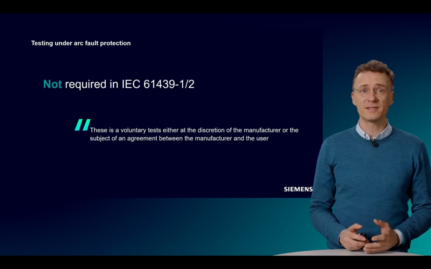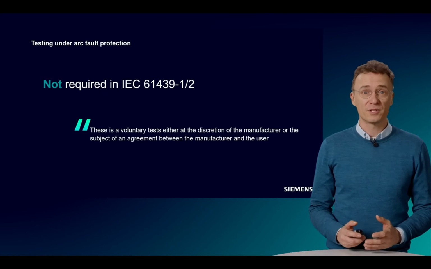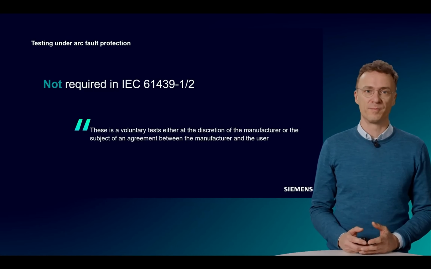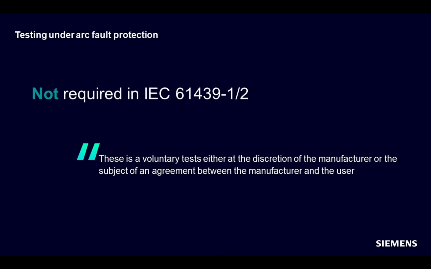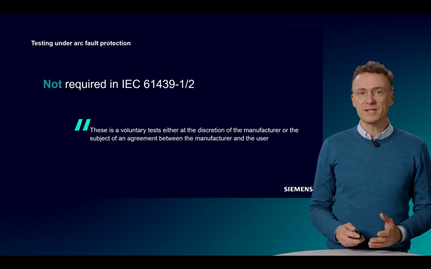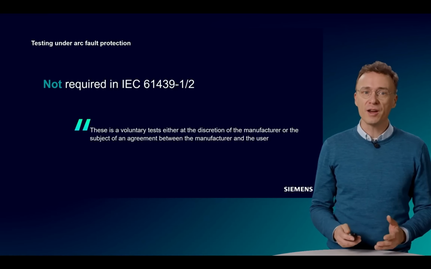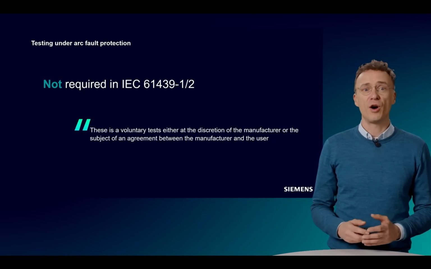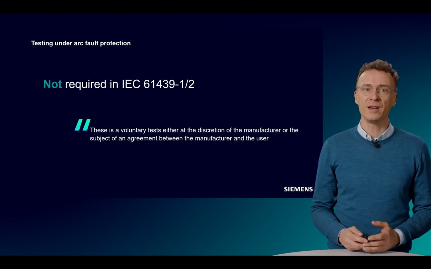The standard defines the requirements for the construction and behavior of the switchboard. However, the behavior in the event of an arc fault is explicitly not covered by this. The requirements for the behavior under condition of arcing are regulated in a technical report, which is not part of the IEC 61439-2.